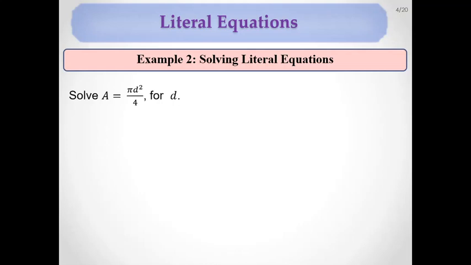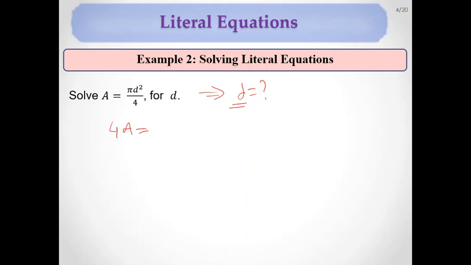Now let's look at another equation. Solve A equals pi d squared over 4 for D. So we want to isolate D here. How can you isolate it?